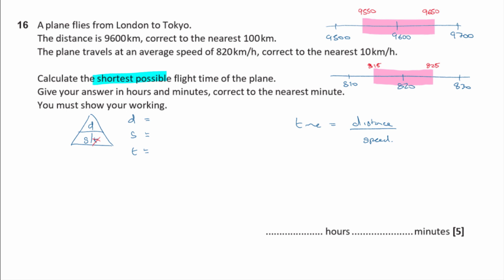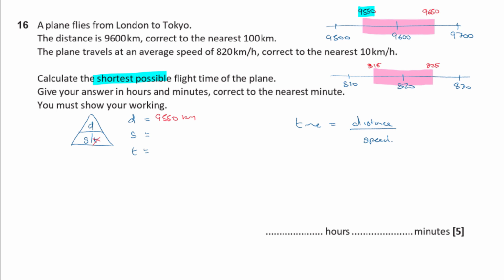So which values are going to give me the smallest value of time? Well, if I want the smallest value of time, I'm going to need the smallest distance that we travel. It's going to be that one there, isn't it? The 9550. Because if I pick a bigger number, I'm going to end up with a bigger time. So the distance I'm going to use is the lower bound, 9550 kilometers. And my speed, which speed am I going to pick?